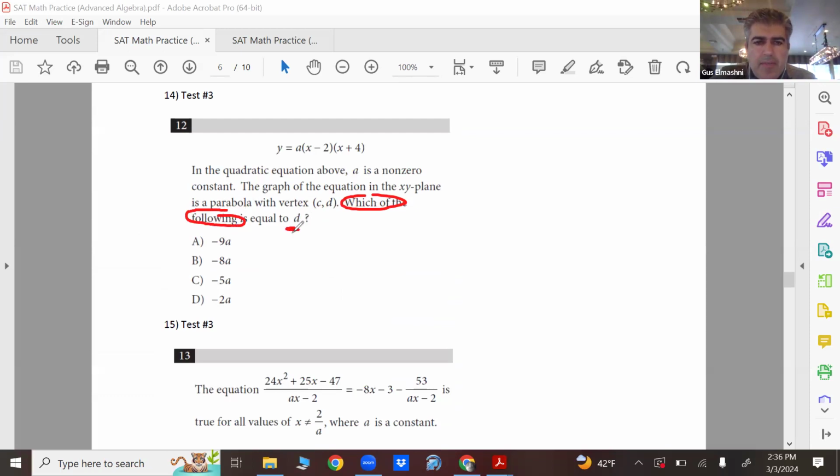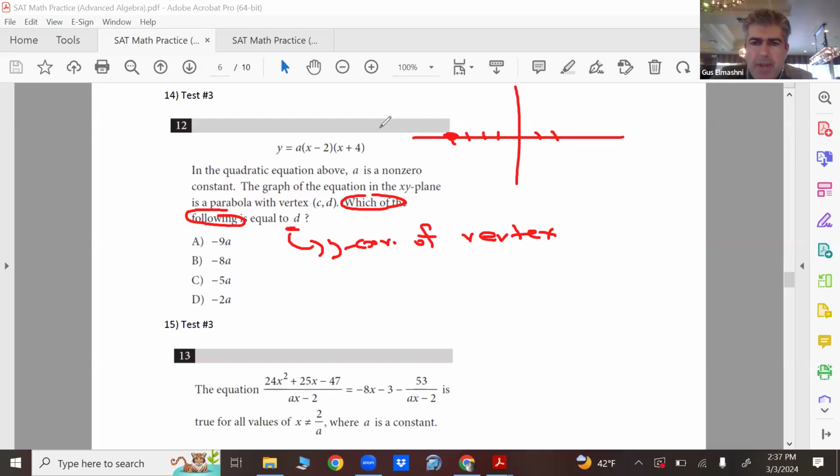Now, D is a y coordinate of the vertex. Now you could find the x-intercept, but actually let me back up a little bit here.